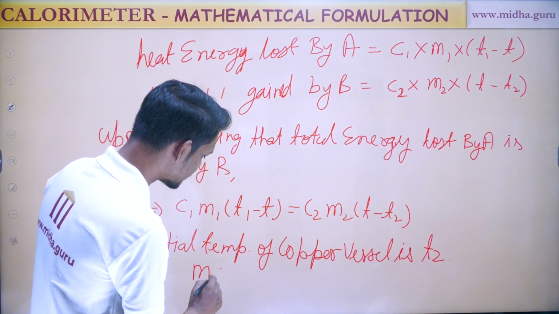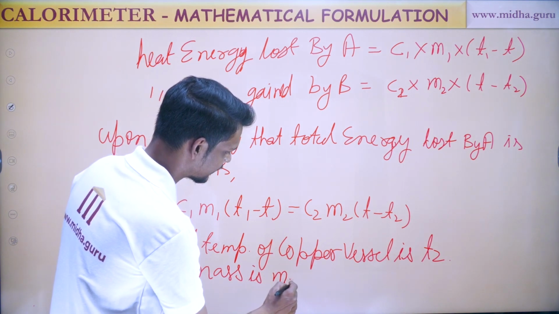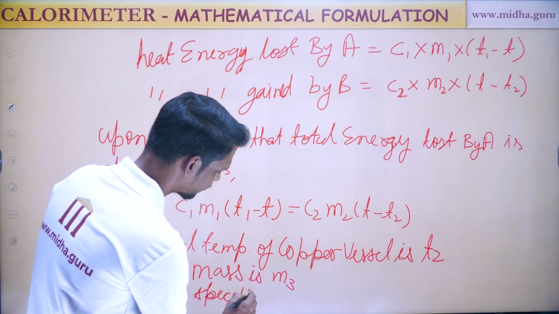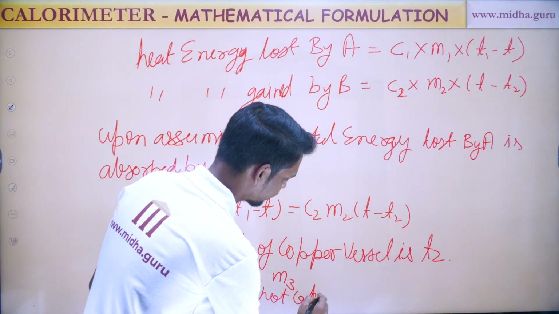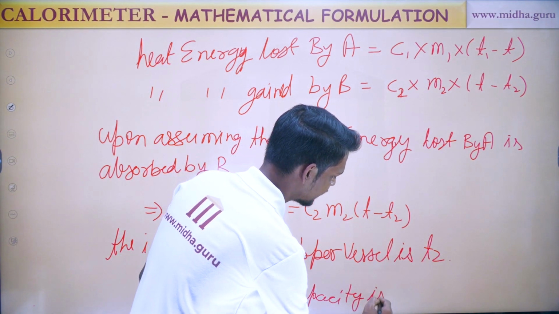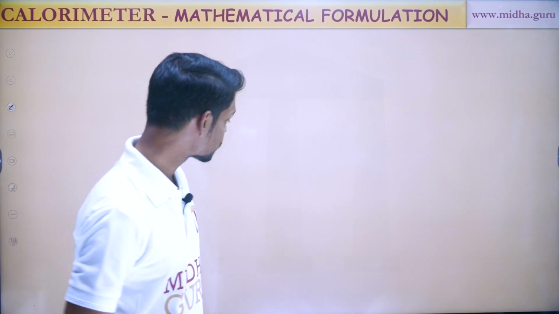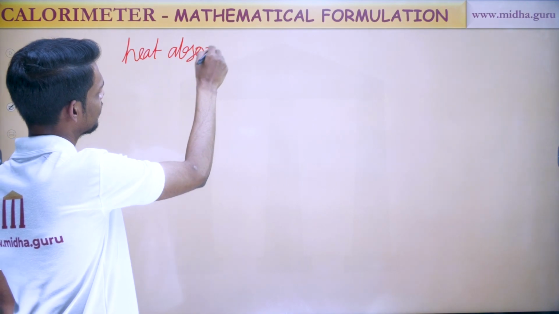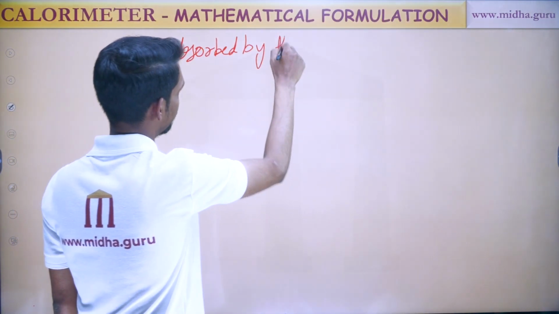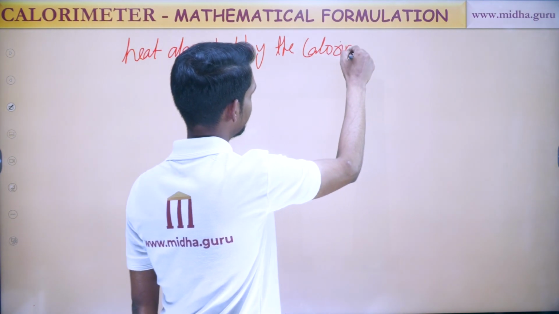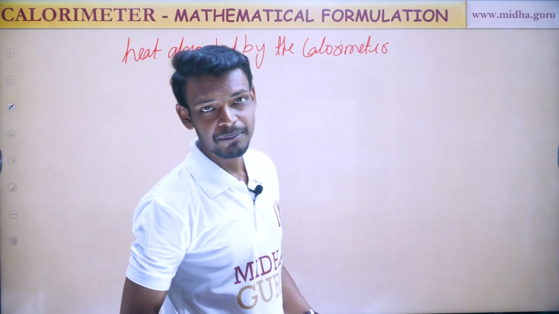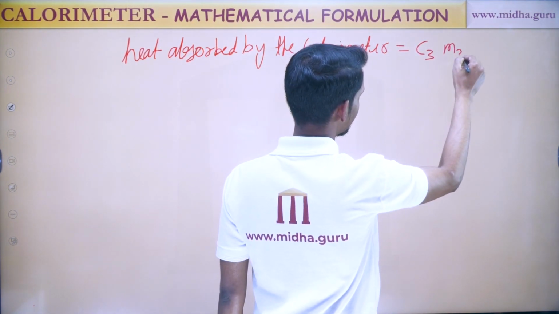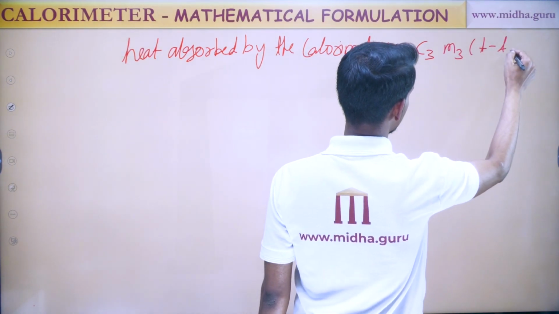Let us say the mass is M3 and its specific heat capacity is C3. So next, what can I say? I can say that the heat absorbed by the calorimeter, or by the copper vessel, will be C3 M3 (T minus T2).